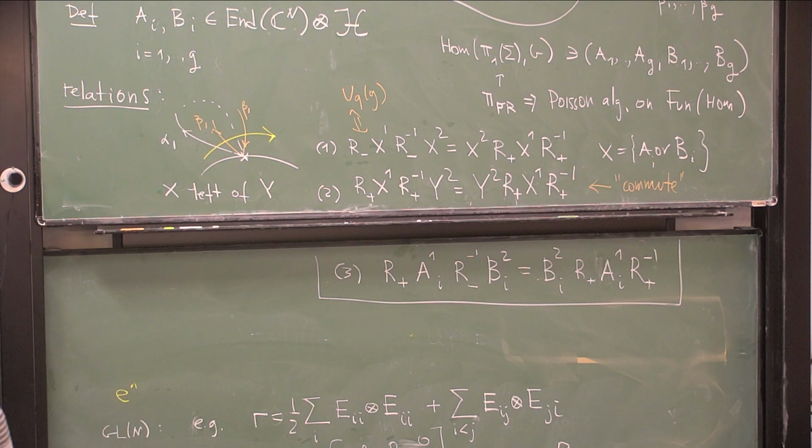Can I ask, there's something fundamental I'm missing. You're saying that if you look at relation 1, then each of those A_i and B_i give you U_q(g), right?